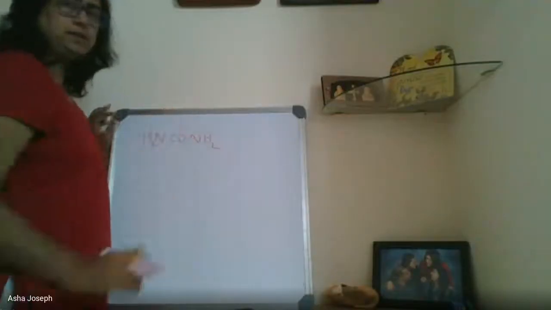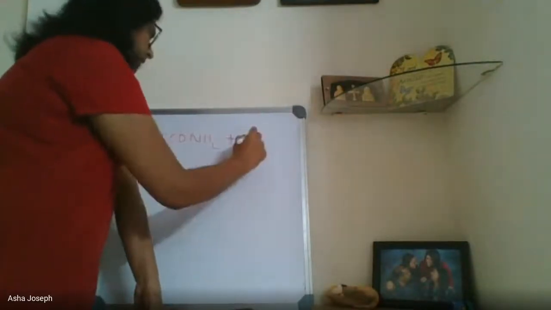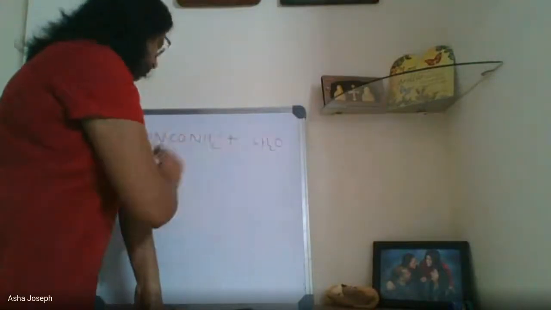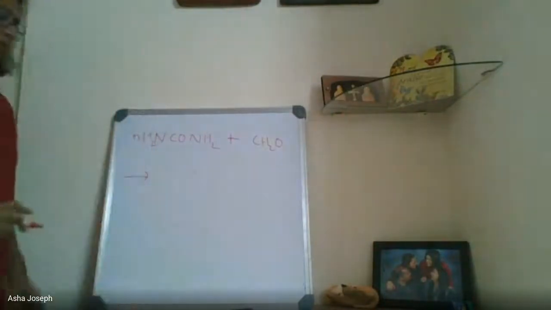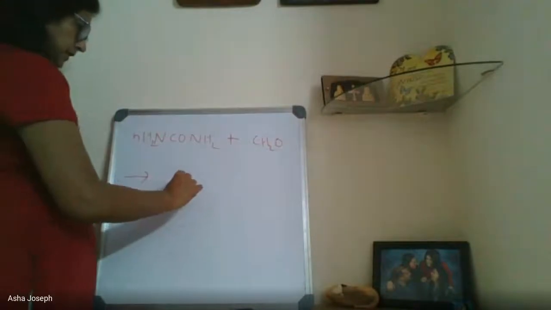So urea, anybody knows the formula of urea? Ma'am, NH2 CONH2. So this is from the name itself. Urea is one monomer n times and the second monomer is CH2O. This is a polymer you just learn. H is removed.